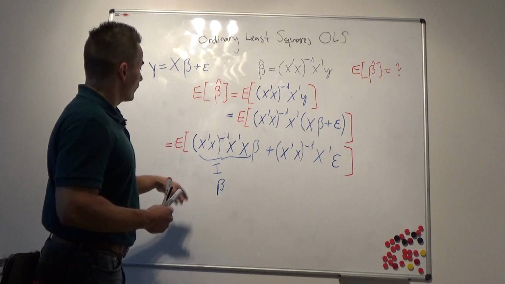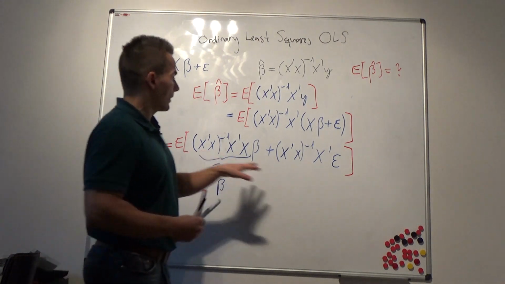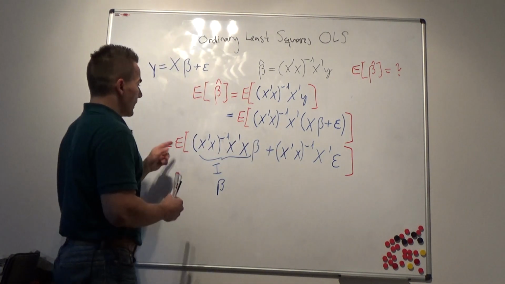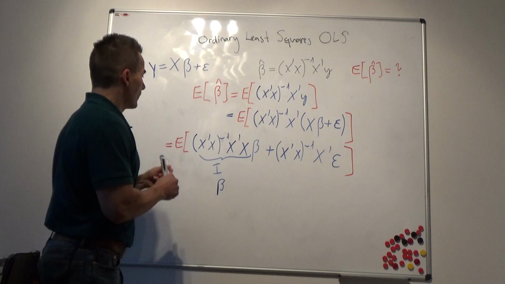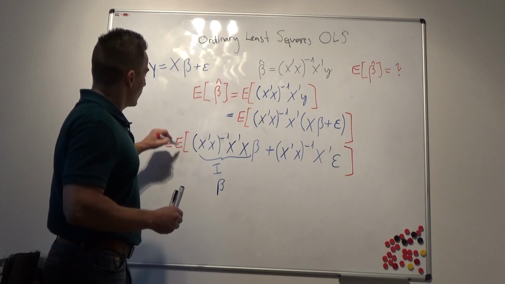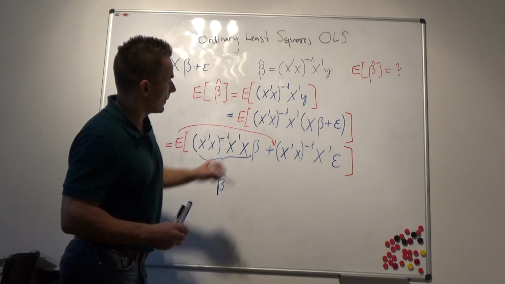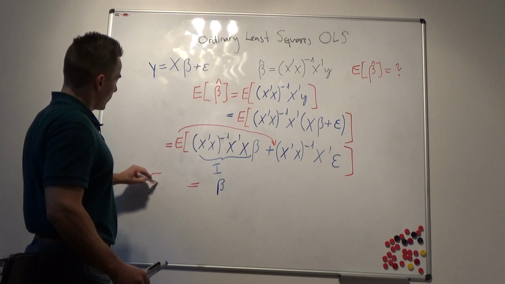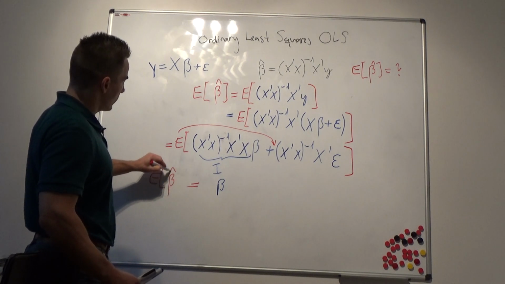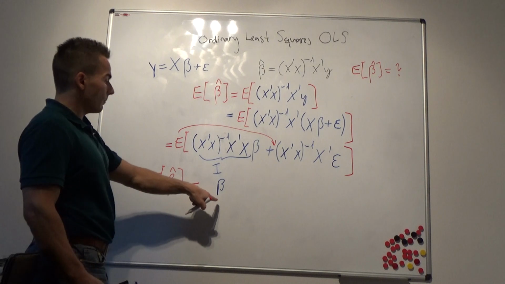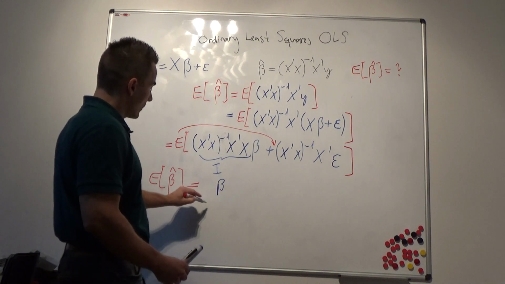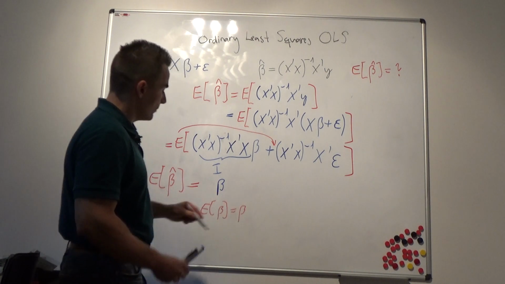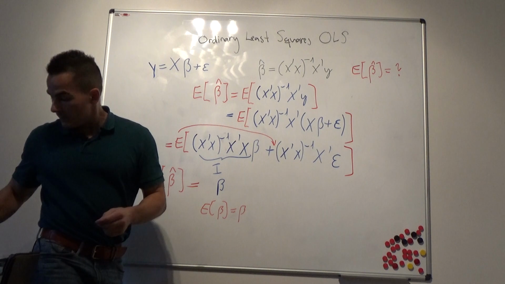So what remains? On the second term, what is here in the expectation operator, we can move the expectation operator, because it's a linear operator. So what remains is the expectation of beta hat is beta, obviously, because the expectation of beta is beta, because beta contains just numbers.